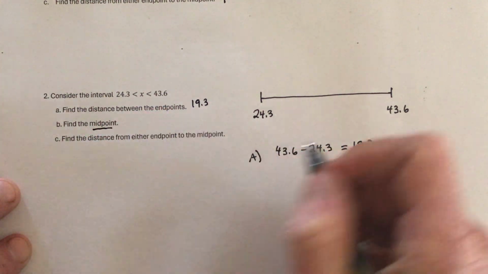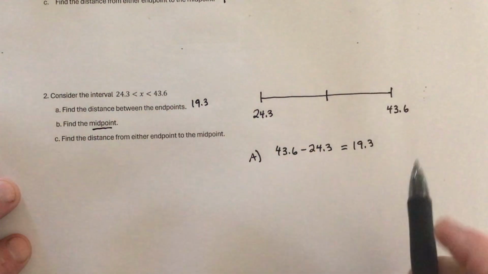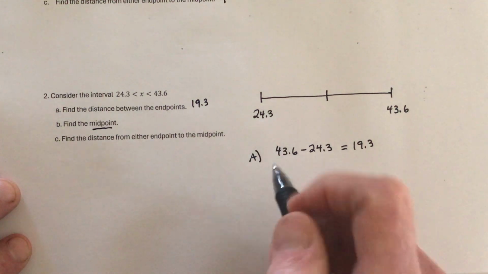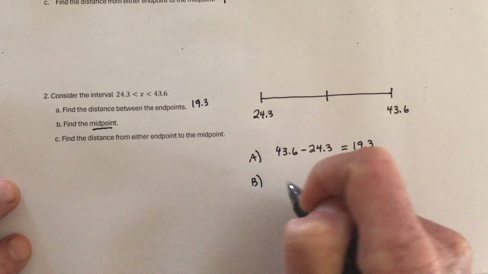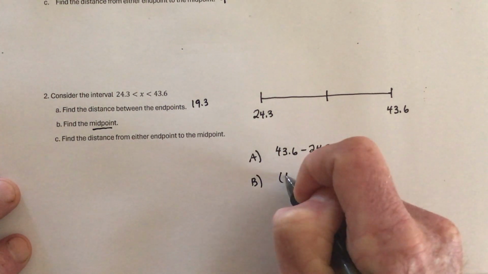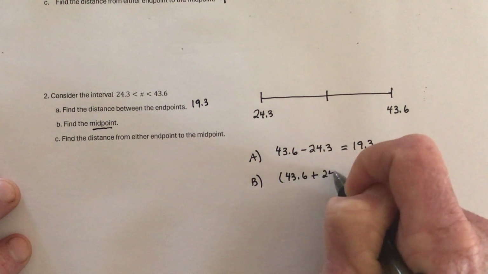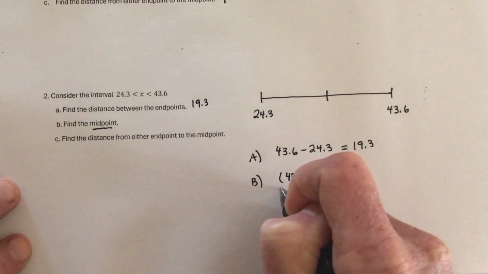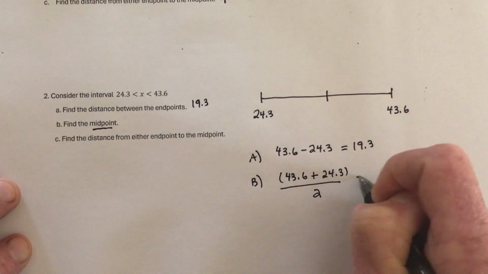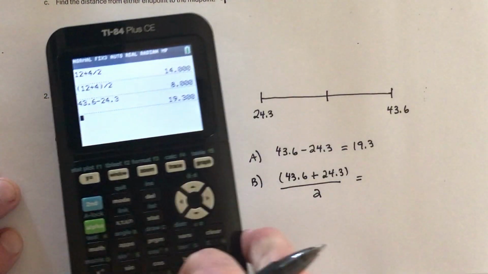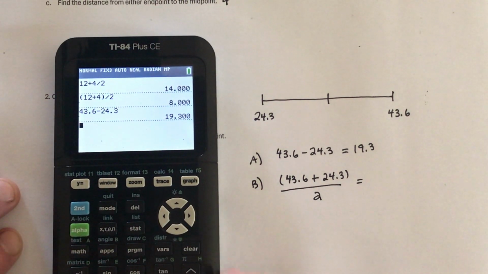Then find the midpoint. In other words, what's in the middle? So I add these together and then divide by 2. So take 43.6 plus 24.3 and divide by 2. And this time I'm going to make sure that I use the parentheses.